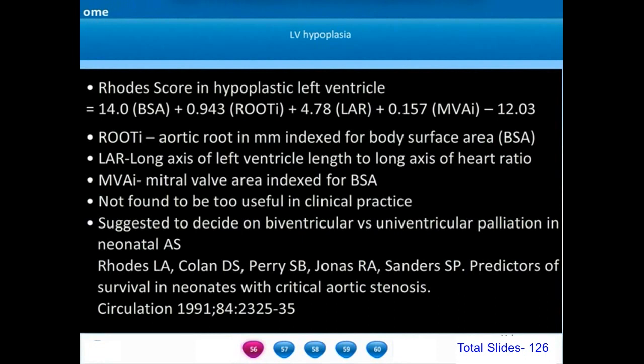This Rhodes score takes into account the body surface area, the aortic root dimension indexed for body surface area, the long axis ratio, which refers to long axis of the left ventricle compared to the long axis of the heart, the mitral valve area indexed for body surface area. It has not been found to be too useful in clinical practice. It was initially suggested to decide on biventricular versus univentricular palliation in patients with neonatal aortic stenosis.